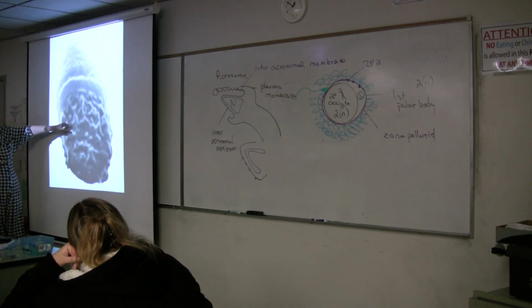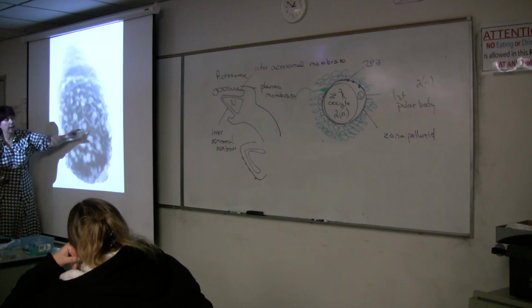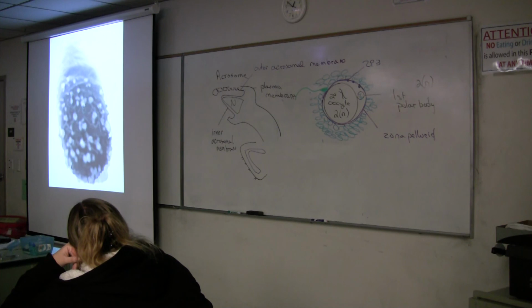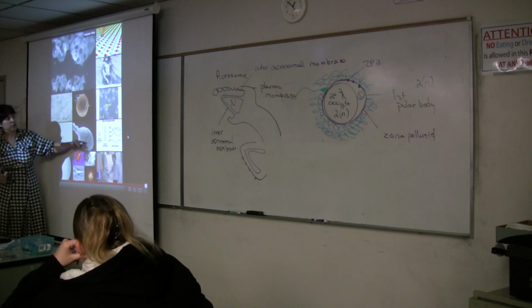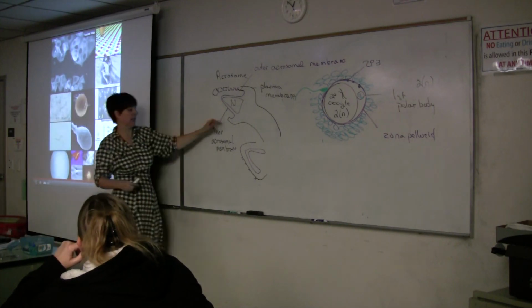So the outer one is clustering and fusing with the outer acrosomal membrane. And now you can start to see the inner acrosomal membrane as that's fusing and getting flushed away. And so we're left with this edge, which is this edge right here.